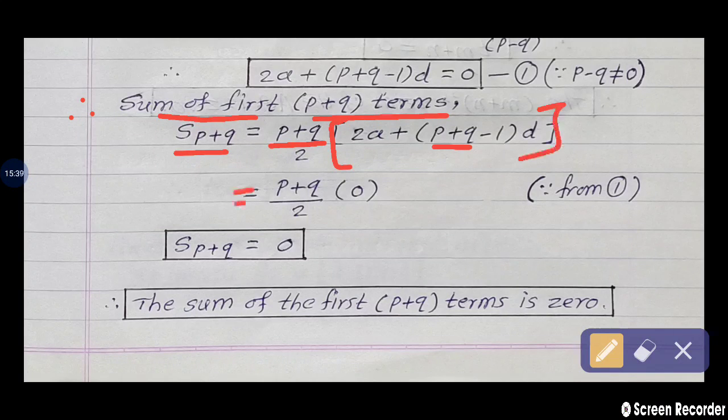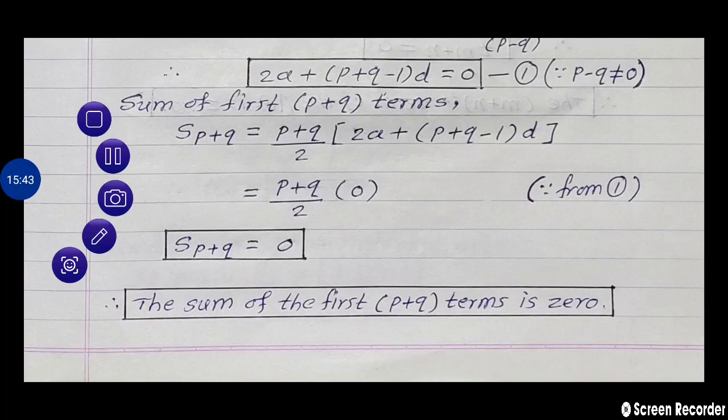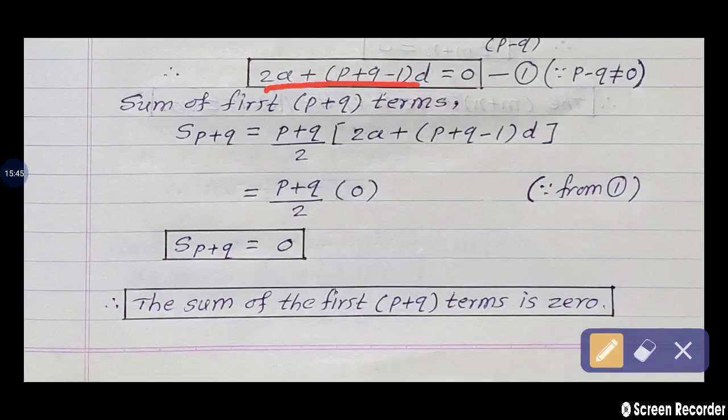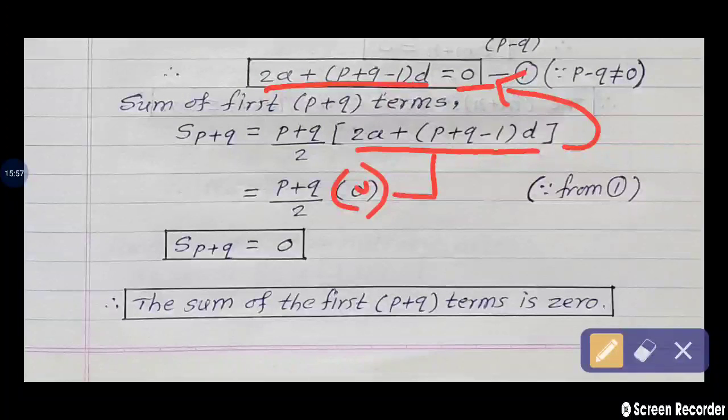And therefore it is equal to, I think, the value of this bracket in equation number 1, check: 2a plus p plus q minus 1 into d. So the value of this is 0. That value we substitute here. The value of this bracket is 0, from equation number 1. And therefore p plus q divided by 2 multiplied by 0, the answer is 0.